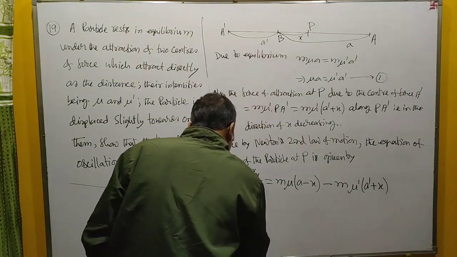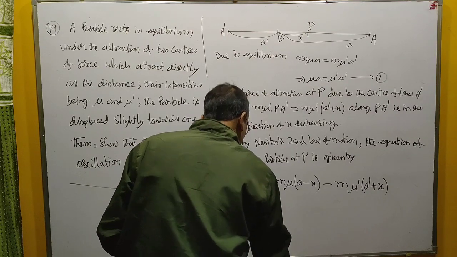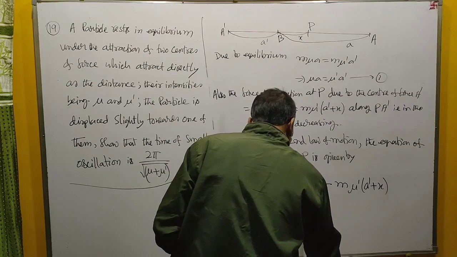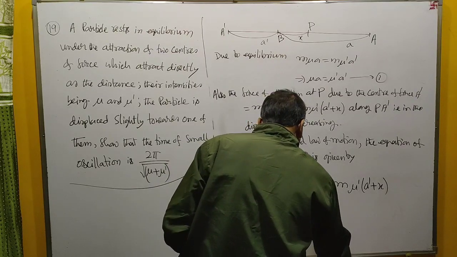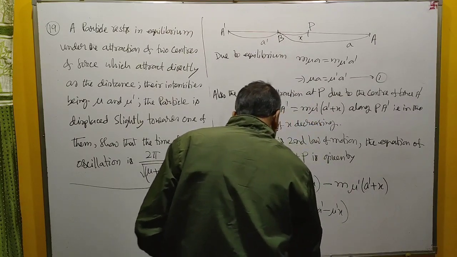Or you may write d2x by dt square equal to mu A minus mu x minus mu dash A dash minus mu dash x.